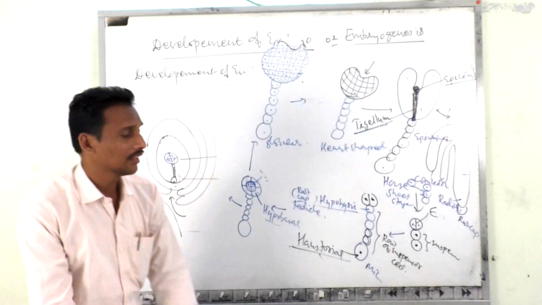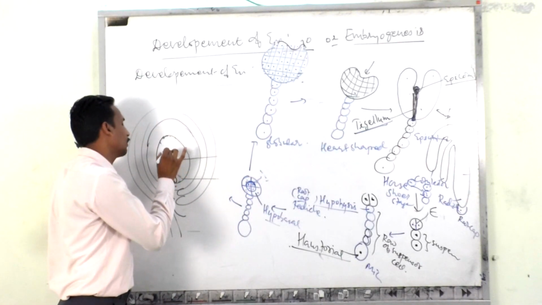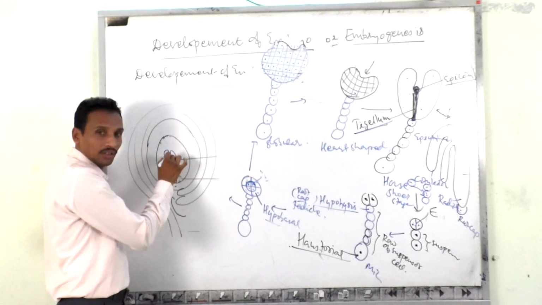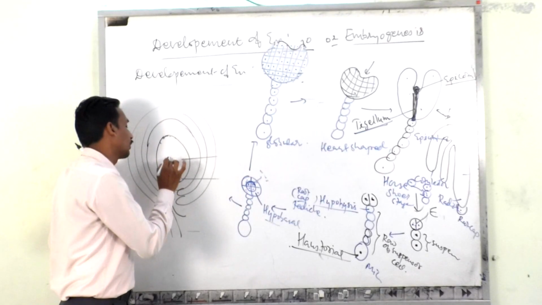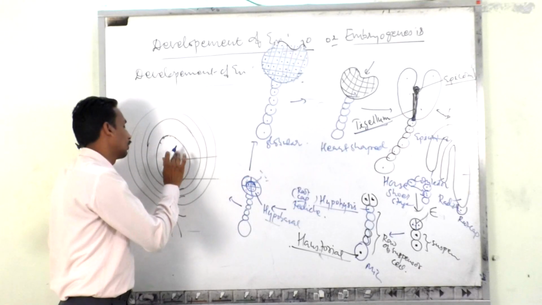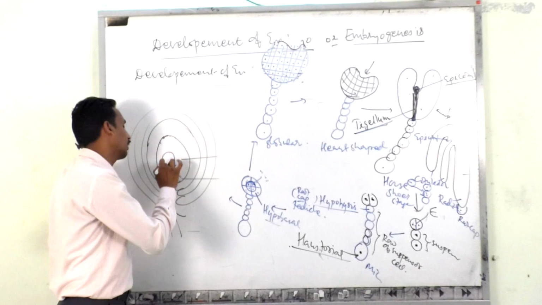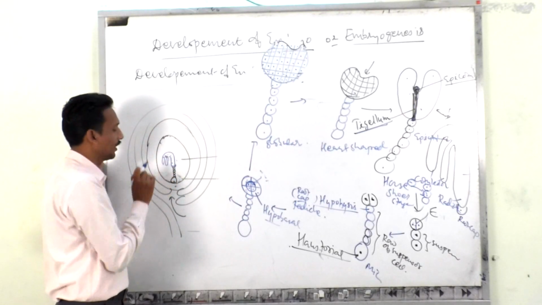What do you observe? In this structure you observe that now there is a formation of such a structure. So this is the embryo. After that there is a formation of this, in this way. Look, this is the embryo which has been produced there.